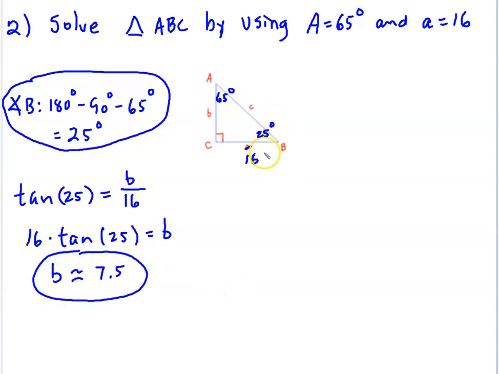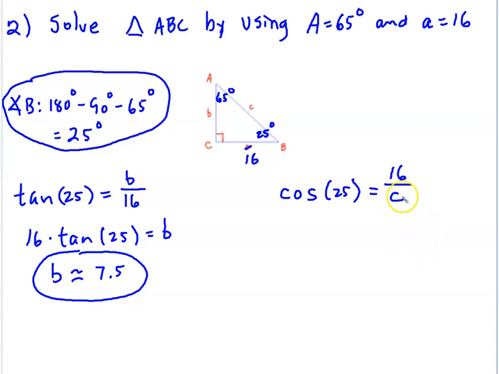All right, now we can stay down here with this if you like. We can do adjacent over hypotenuse, and if you remember, that's the cosine ratio. So let's just stay down here with cosine 25, and that's adjacent, which is 16, divided by hypotenuse, which is the side we're looking for.